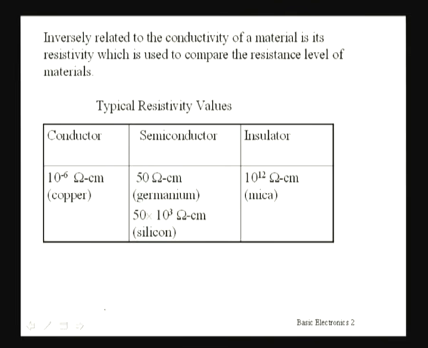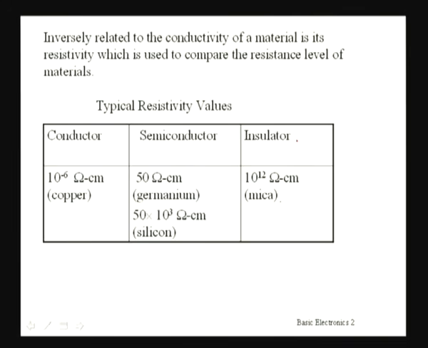Typically copper, which is a conductor, has maximum conductivity, so its resistivity is around 10 to the power minus 6 ohm centimeter, whereas an insulator has a resistivity of 10 to the power 12 ohm centimeter, which is much more than a conductor. But semiconductors like germanium and silicon have resistivity values in between these two.